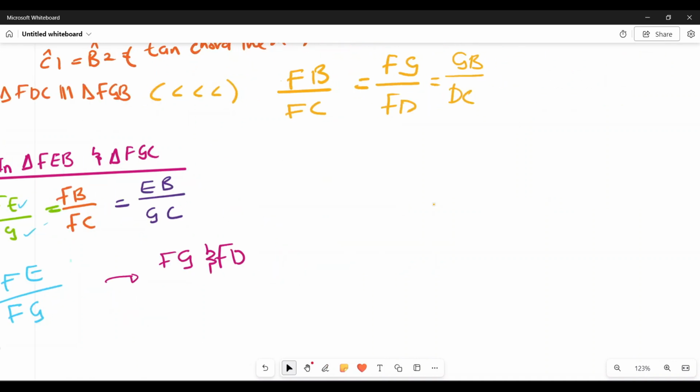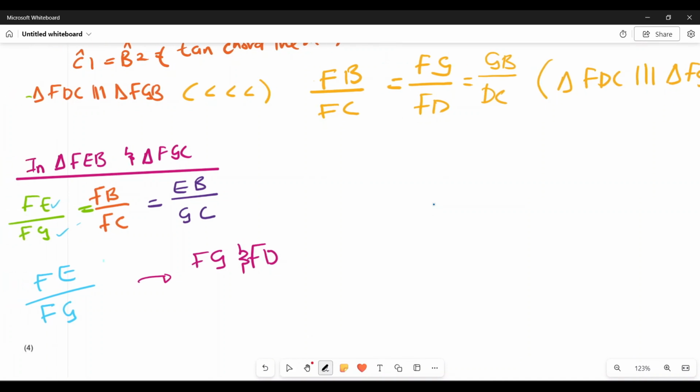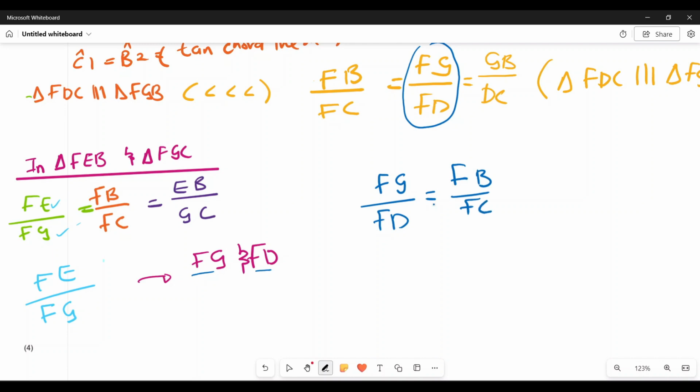And the reason for this is that triangle FDC is similar to triangle FGB. Now, remember, I said the ratio that we must choose must have both FG as well as FD. This is the ratio we're going to choose. Our FG over FD is equal to FB over FC, and the same applies to our FE over FG.